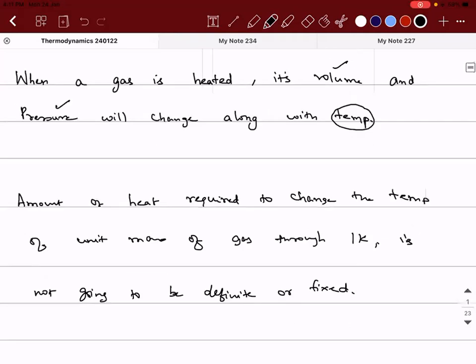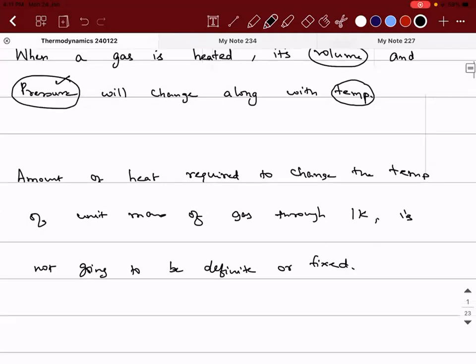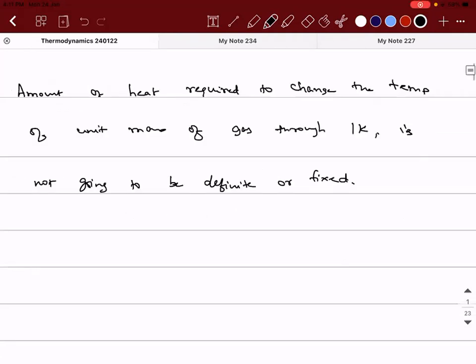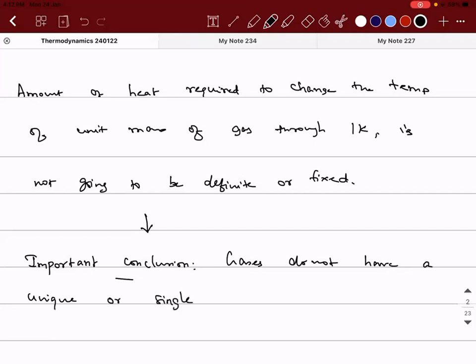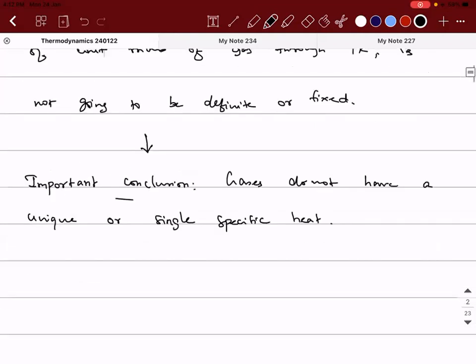Because when you talk about the unit mass of the gas, these two parameters can also change, and they are going to get affected, as a result of which there will be some other subsequent effects. Let's see one by one. So the important conclusion that we are going to draw is, gases do not have a unique or single specific heat.